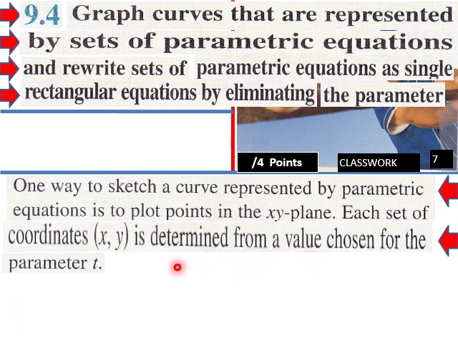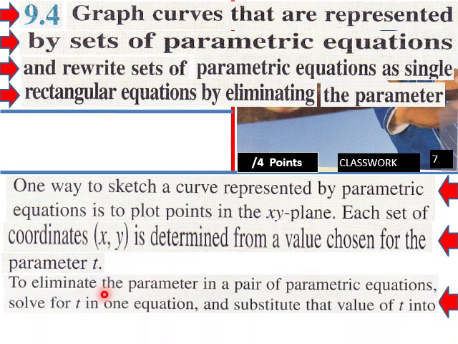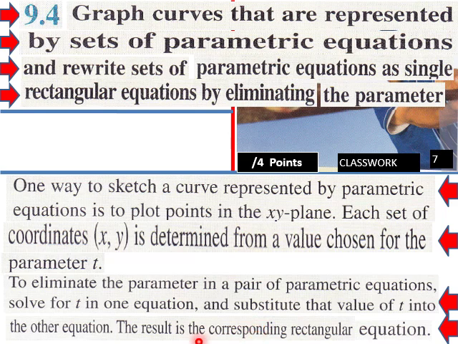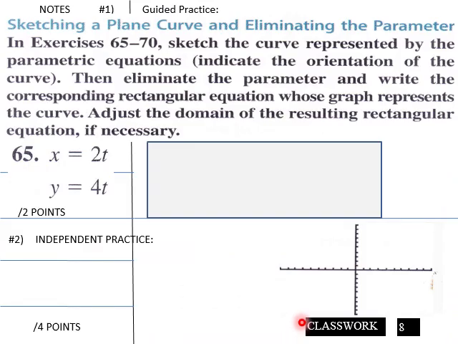Each set of coordinates xy is determined from a value chosen from the parameter t. To eliminate the parameter in a pair of parametric equations, solve for t in one equation and substitute that value of t into the other equation.